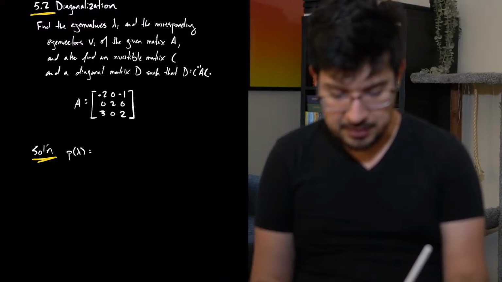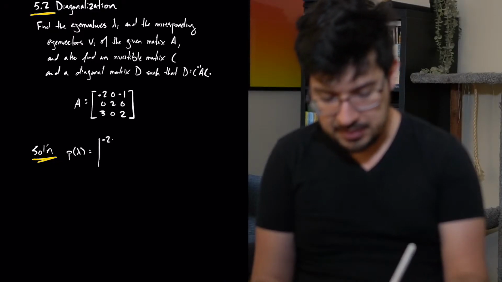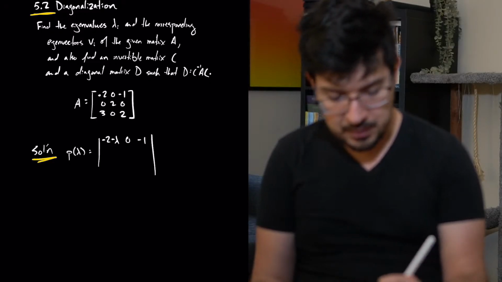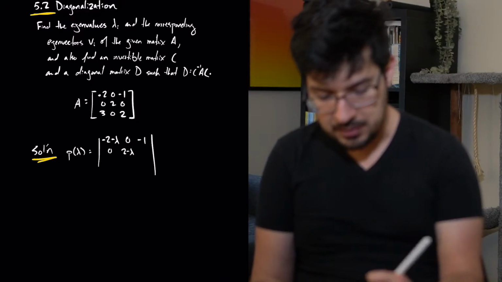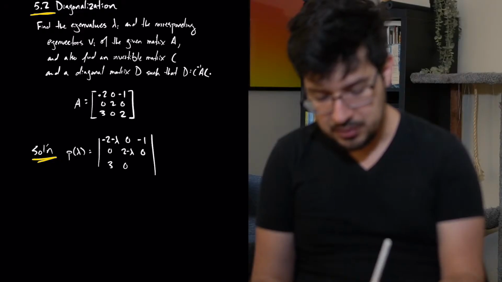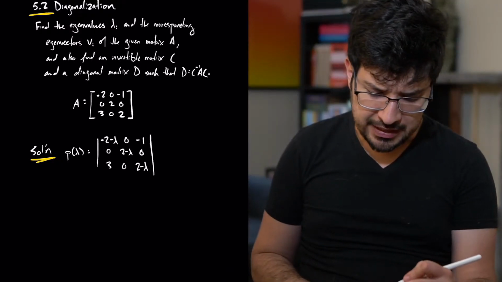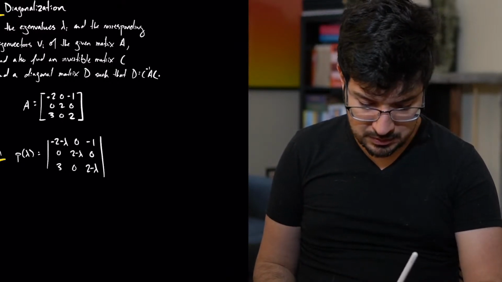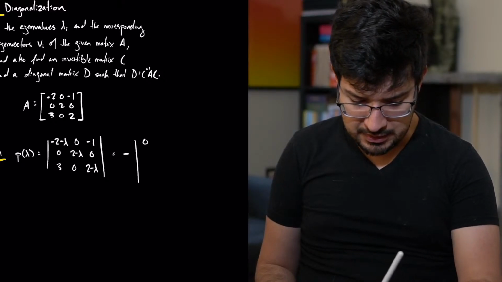It's going to be the determinant of -2 minus lambda, 0, -1, 0, 2 minus lambda, 0, 3, 0, 2 minus lambda. I can interchange the first and second rows. And we get this.